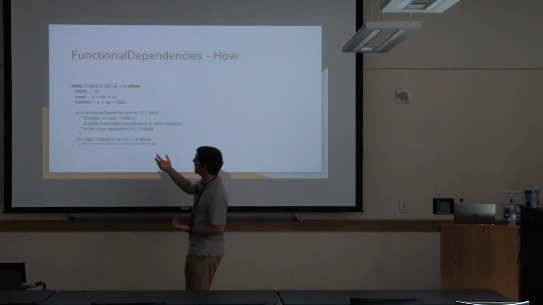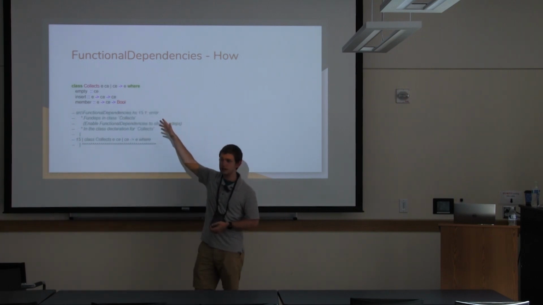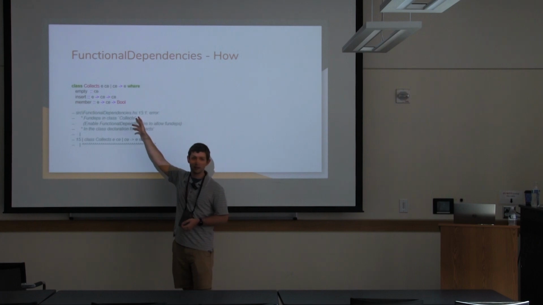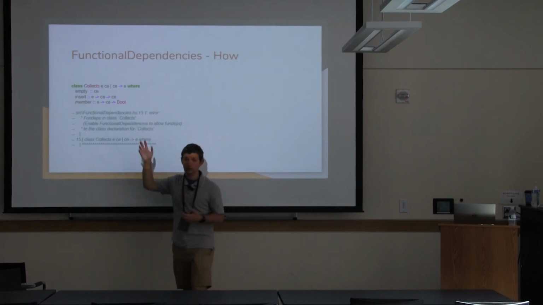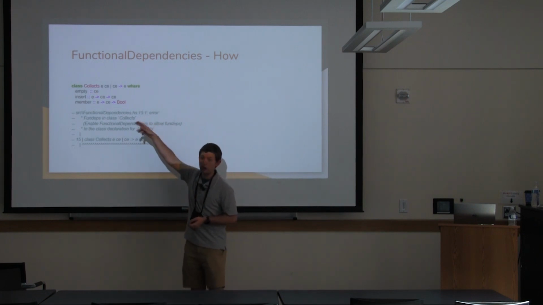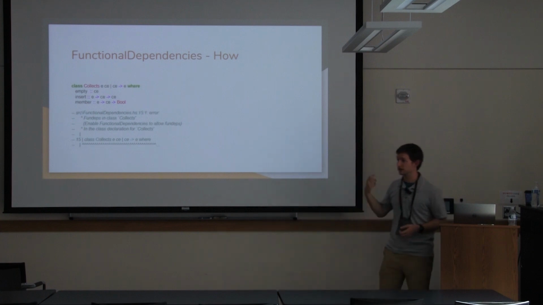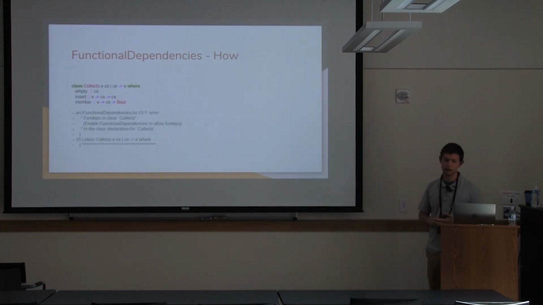So the way you get around that is to define a functional dependency that says, given a c, I know what e is. And in this case, for a list a, you would say, given a list a, I know that e is just a. It allows you to have that indirect inference that there's exactly one type that will unify in all these cases.